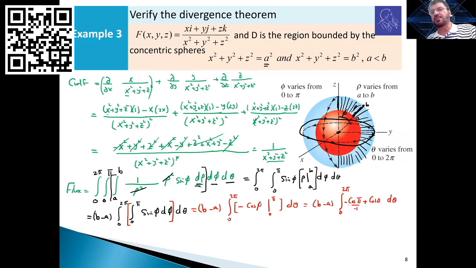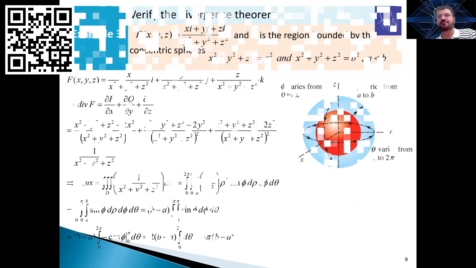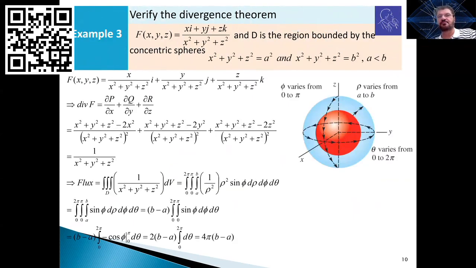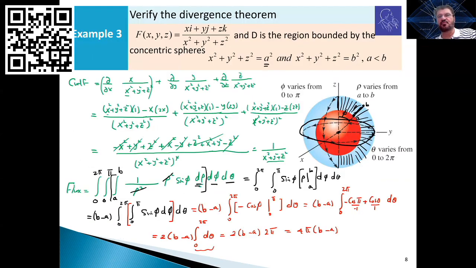Cosine pi is -1, and there is a negative. Cosine 0 is 1. 1 plus 1 is 2. So this 2 goes out. So this is equal to 2 times B minus A, integration from 0 to 2 pi of d theta. And we know this is 2 pi. So this is going to be 2 times B minus A times 2 pi. So the answer is 4 pi times B minus A. Did I say 4 pi? 4 pi B minus A.